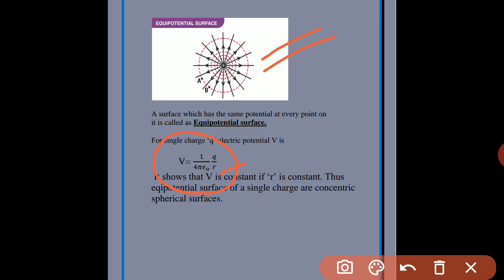Now look at point A and B. For point A and B, look at the value of R. Is it constant or is it variable? Is it same or is it different? Tell me. For point A and B, the value of this R is same or different? It is obviously same because they are on the surface of a circle, right?